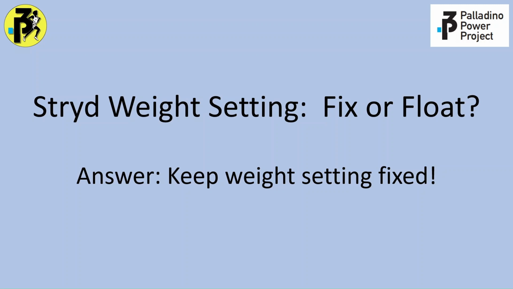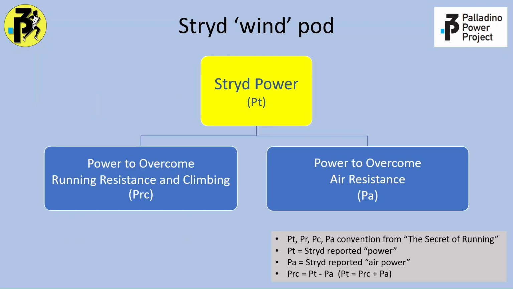But if you kept the weight setting the same, then you're comparing watts, but it is fixed to whatever the watts per kilogram is by keeping the weight setting fixed. So keep the weight setting fixed. Now, that said, I fibbed a little bit.